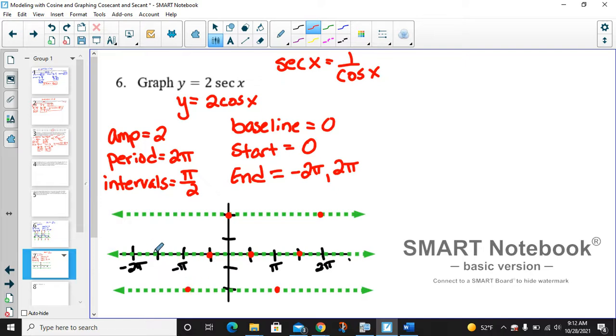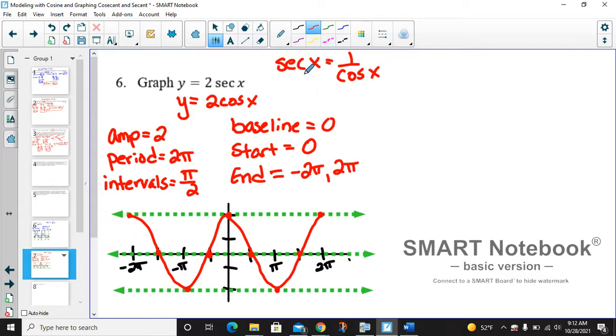Follow this pattern over here, and we connect this with a nice smooth curve. That was not a nice smooth curve at all. So there's our cosine curve.